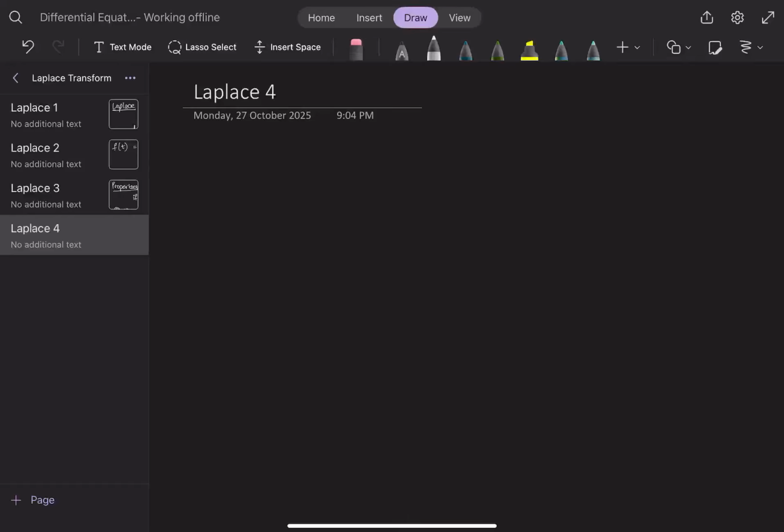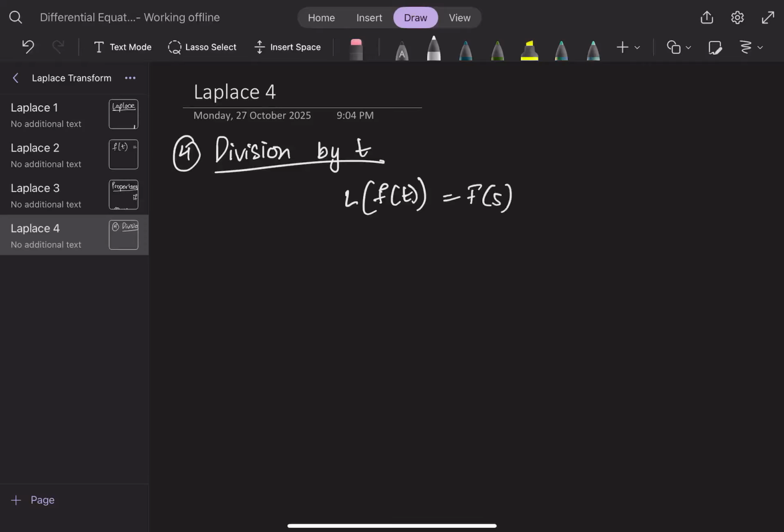Hey guys, let's continue. So the last property we did was multiplication by t. So the next property is division by t. So if you have Laplace of f(t) is equal to F(s), then Laplace of f(t) divided by t is given by integral s to infinity F(s) ds.